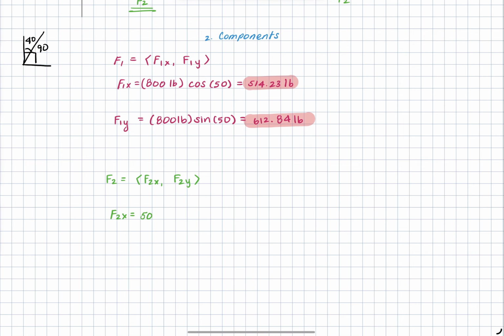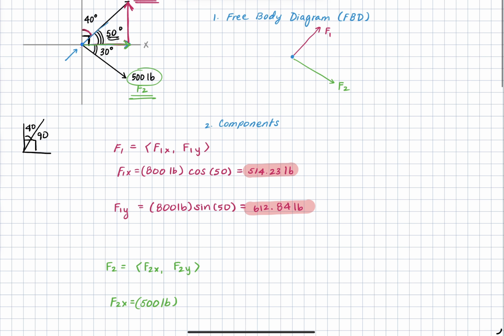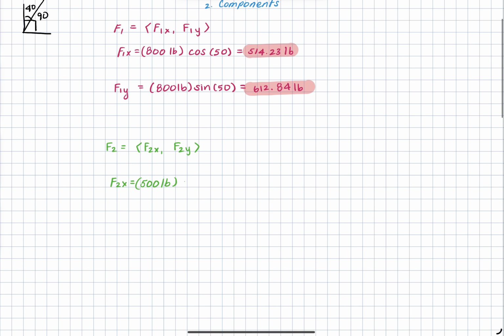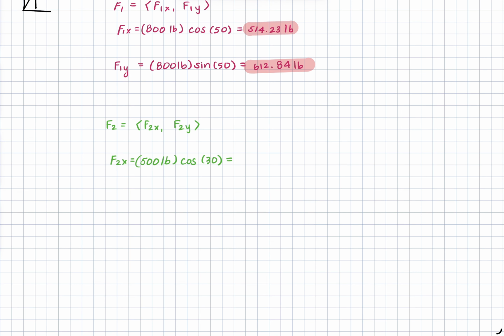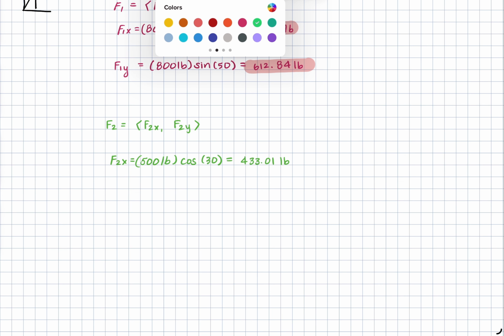So 500 pounds times, we have this angle 30, and that is adjacent to the x-axis right over here. So we're going to say cosine, because cosine is adjacent over hypotenuse, cosine of 30, and when we calculate this, we're going to get 433.01 pounds. And this is in the x component.